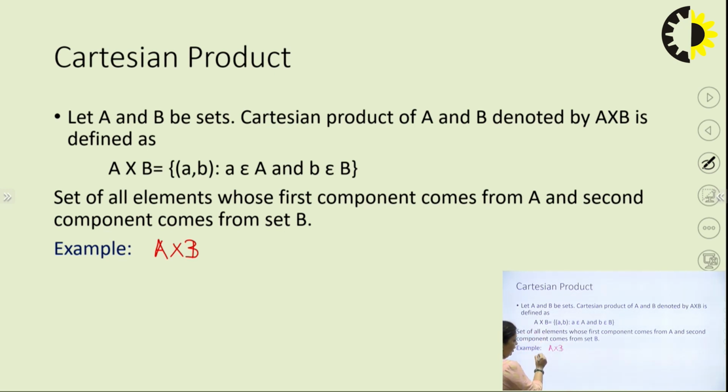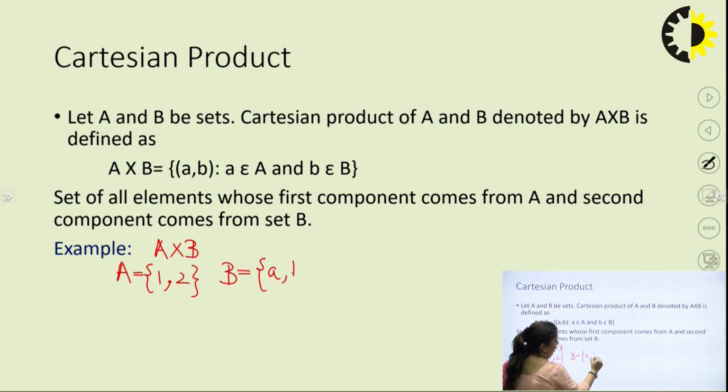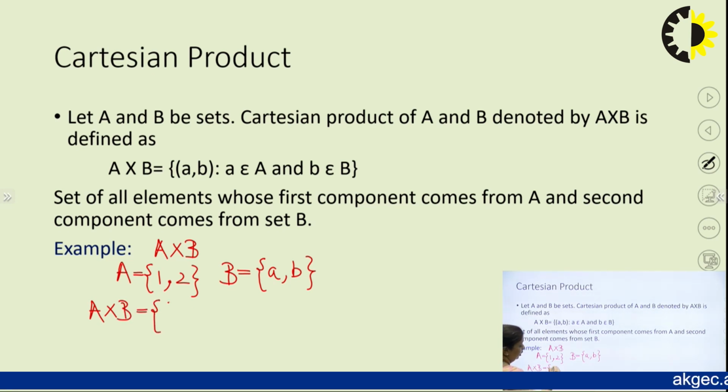If I have a set A which contains 2 elements 1 and 2, and another set B which contains the elements a and b, now A cross B will contain all the ordered pairs which are possible for these two sets.